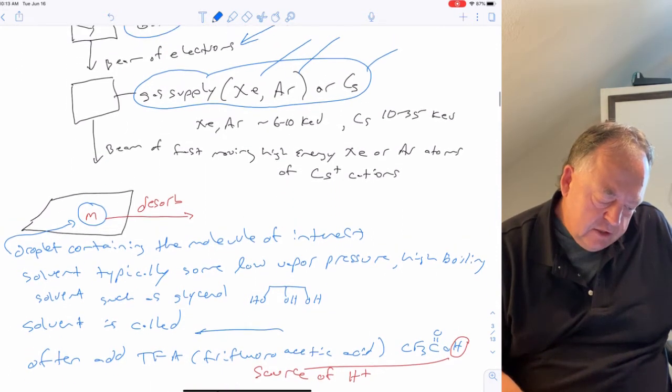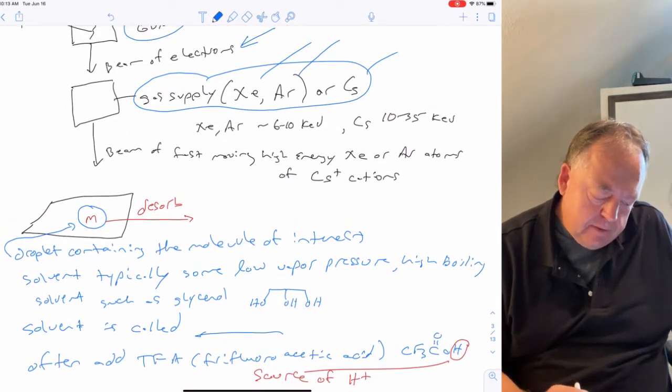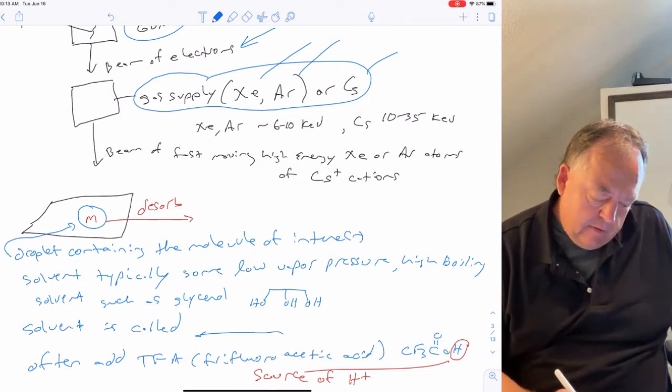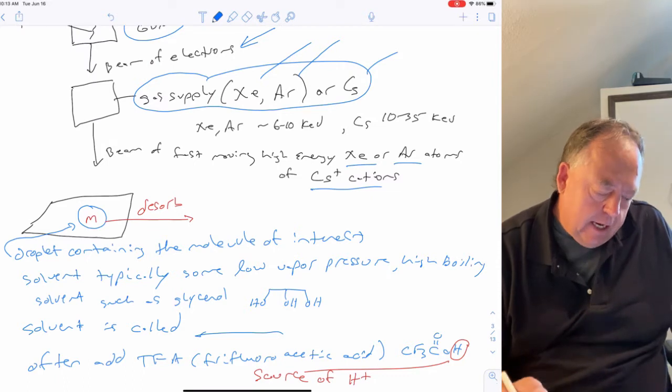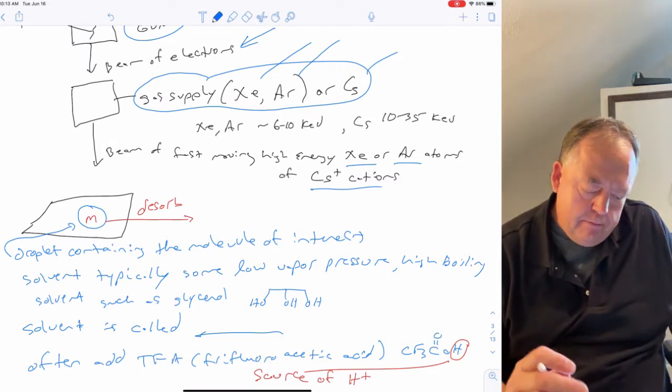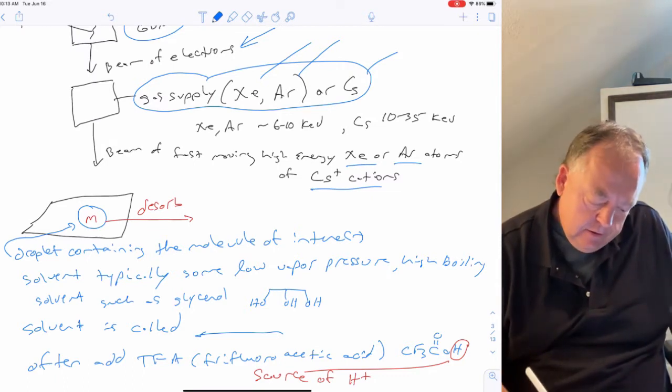And basically what this is going to do is produce a beam of fast-moving xenon or argon atoms, or cesium will be ionized in the process, and then you create a beam of cesium cations.